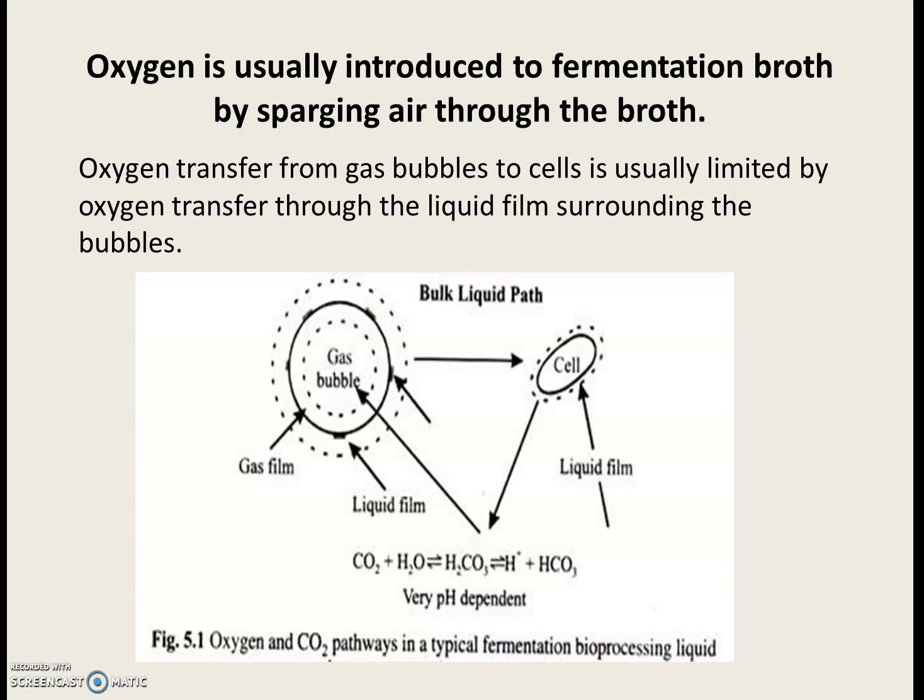Oxygen transfer from gas bubbles to cell is usually limited by oxygen transfer through the liquid film surrounding the bubbles, because the oxygen is introduced in bubble form by sparging air. Usually in fermentation, we use compressed air, because we use a compressor to supply the air into the fermenter.